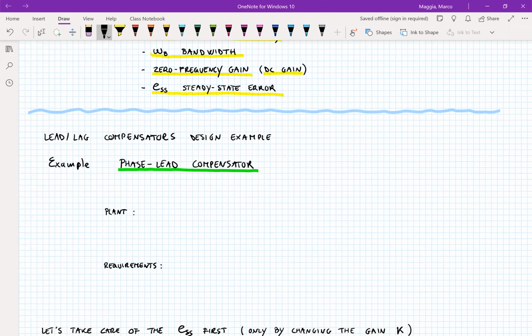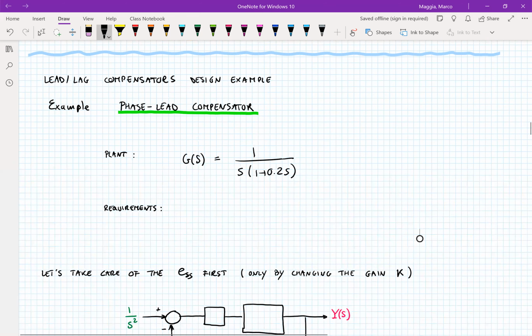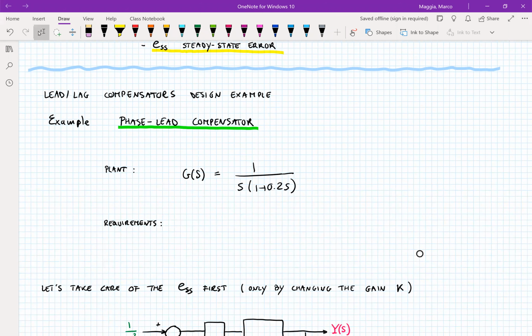All right, so here I'm going to consider a plant G(s) equals 1 over s times (1 plus 0.2 s). So it's written in the canonical form for the Bode plot because we have the 1 plus tau s.